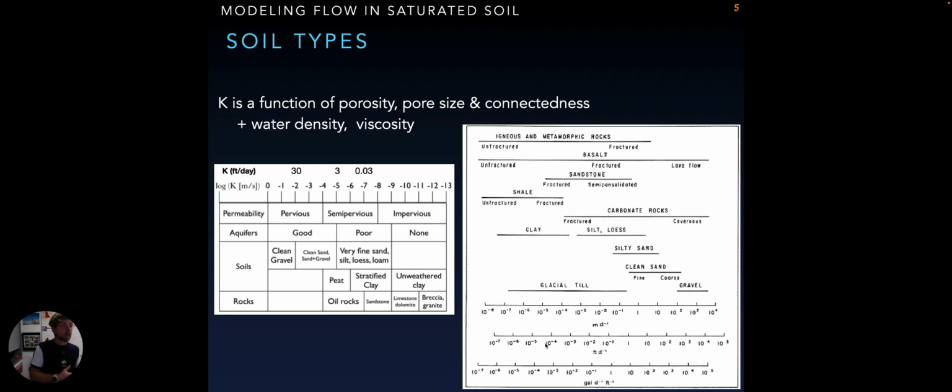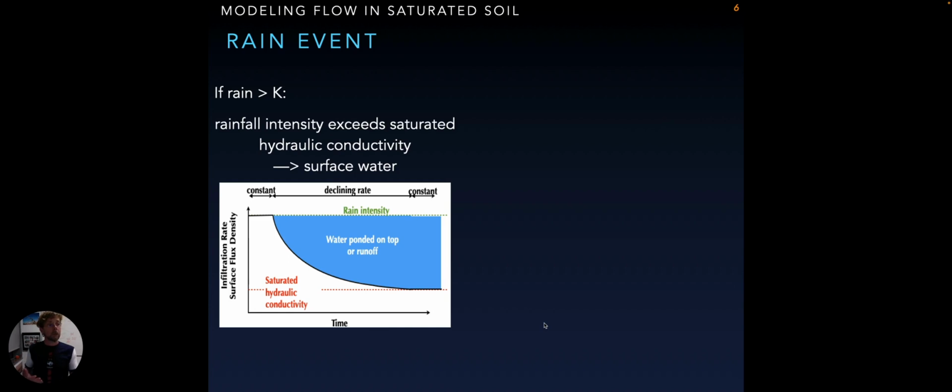In fact, it's driving very much how the water will enter the soil. If you have a rain event and the rate of your rain event is faster than the conductivity of your soil to let the water go through it, what happens is the rain will saturate your soil, and so all of your water that is raining right here will in fact be over the capacity of the soil to infiltrate, and you will get runoff.